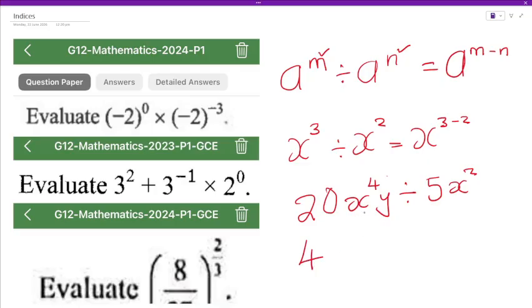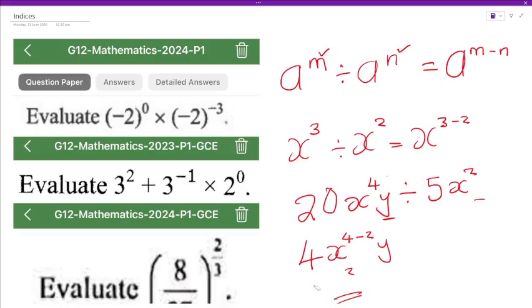Okay, there's an x here, there's an x there, so you apply the principle of same variables, you subtract the powers. But there's this y here with nothing to divide with here, so just indicate the y there. Okay, then 4 minus 2 there will give you 2, meaning that will be your final answer. So when you're multiplying or dividing different variables, you simply put them together at the end. That is the rule you are going to be following. Okay, I hope that is clear.